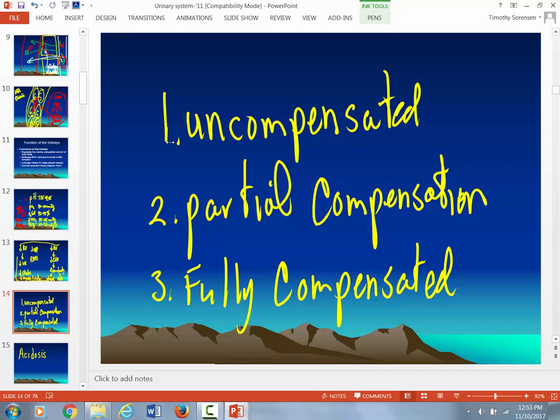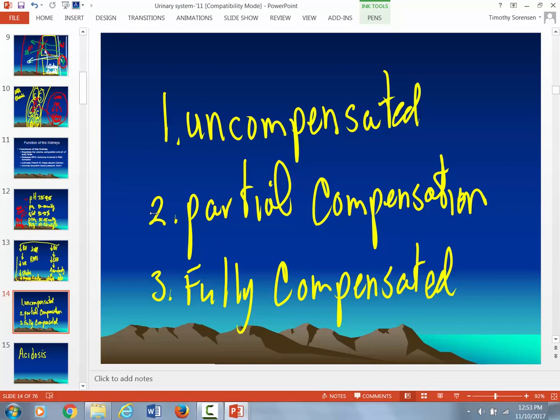A partial compensation means that whatever system is causing that pH imbalance, the system that can compensate for it, help out, is working in the right direction. But the pH is still abnormal.